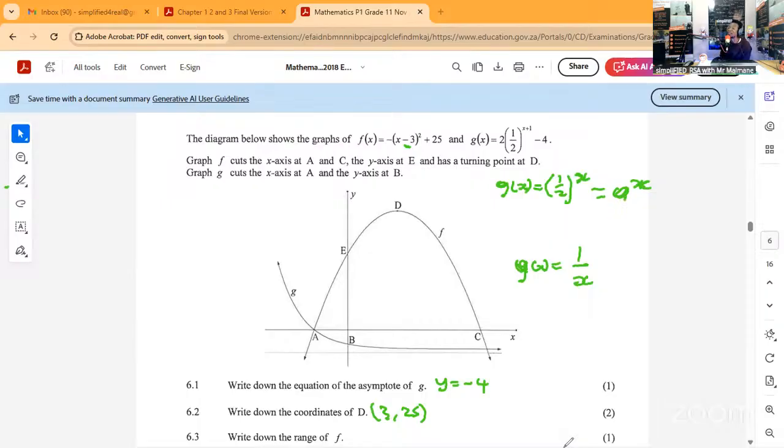The range is in terms of what? y value, in terms of y. What are we looking for in terms of y that will give us the range?